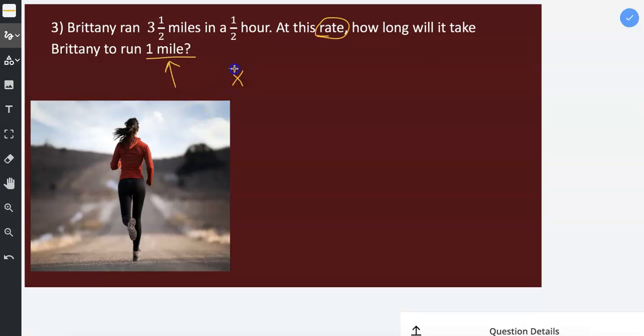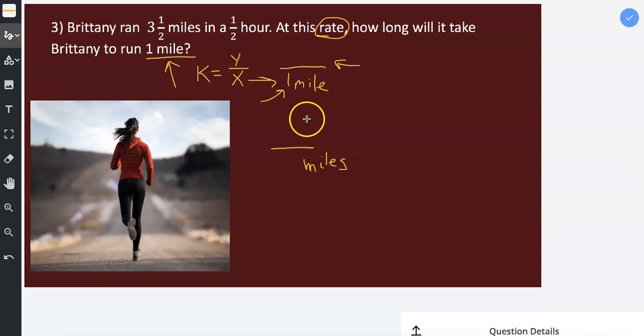So remember, when you think about the formula k equals y over x, that unit rate formula, when the x value is 1, then the y value is the unit rate. So they are basically telling me that I need to put miles in the denominator, because when I divide, it will make it so that the denominator becomes 1.